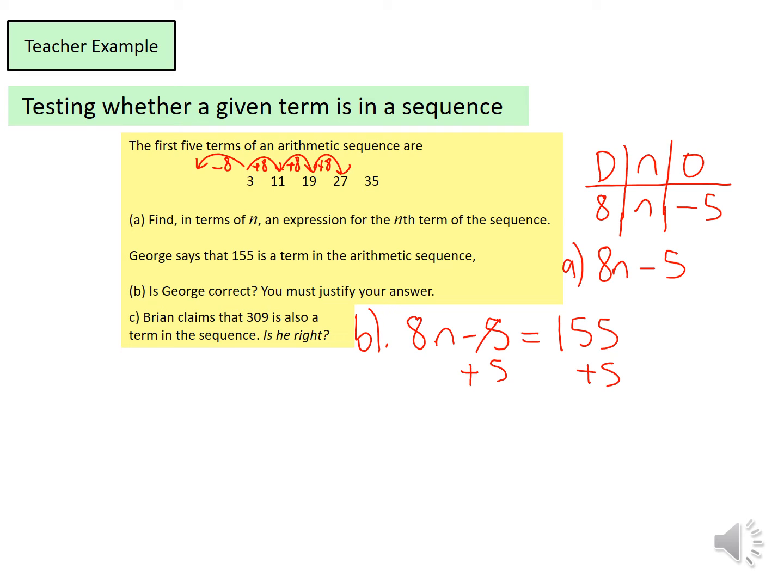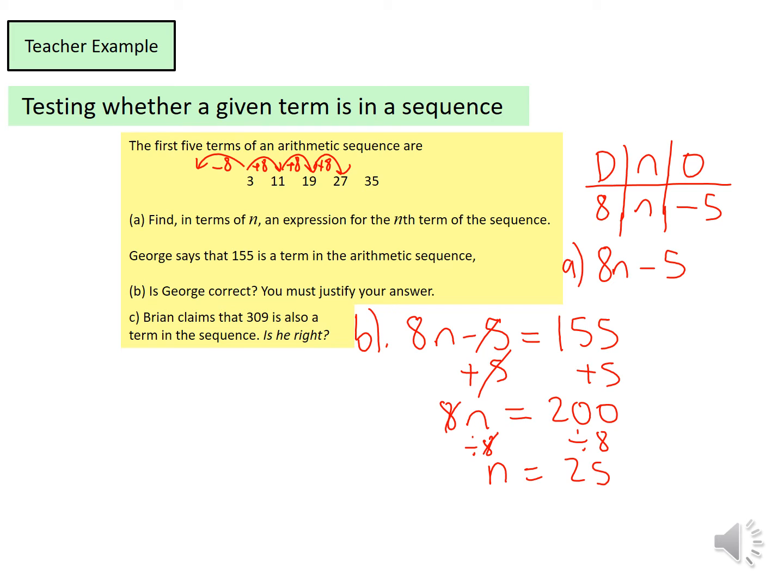So these two cancel out, and that gives me 8n equals 200. Now we must divide by 8 on both sides because we need to get that n on its own. Therefore, these cancel and n is equal to 25.